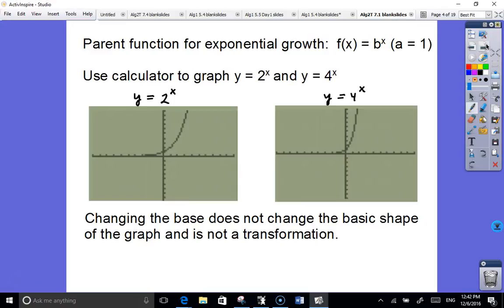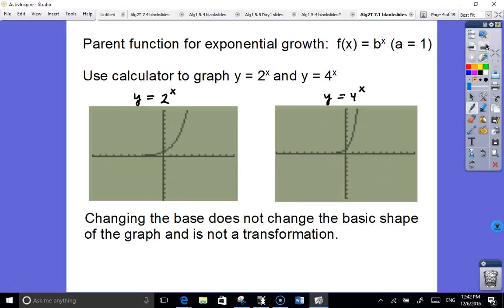If it's greater than 1, it's exponential growth, and it has that shape, which is kind of hard to see a little bit on these graphs. I'm going to step away from the microphone here. But it's hugging the x-axis to the left, and it's going up into the first quadrant to the right. Definitely goes up faster if it's 4 to the x instead of 2 to the x, but it's essentially the same basic shape of graph.